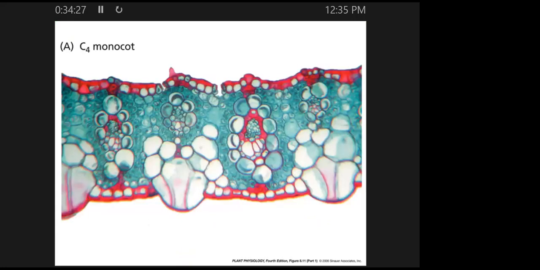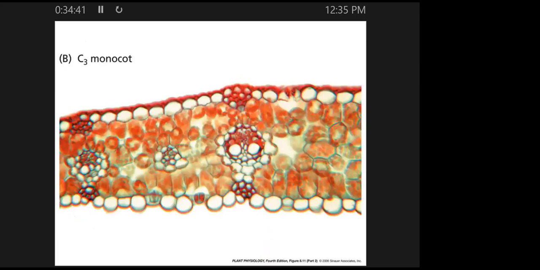It's a little hard to see in some of these preps. And I kind of see it here. You can see the spongy is kind of preferentially hugging up to the bundle sheath. And you see kind of a dead airspace there away from it. In C3, it's not so obvious with the spongy hugging the bundle sheath.